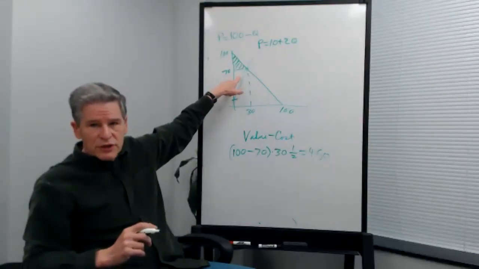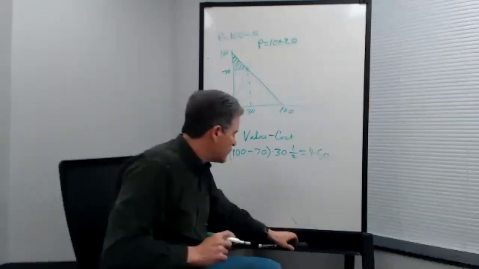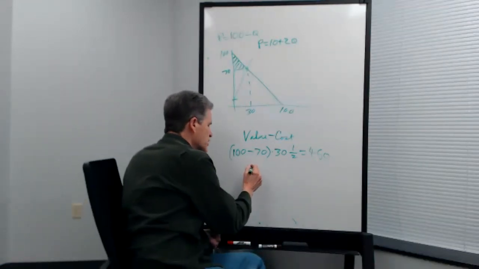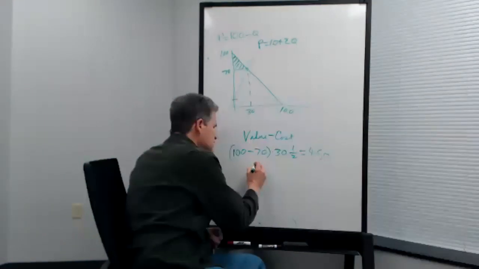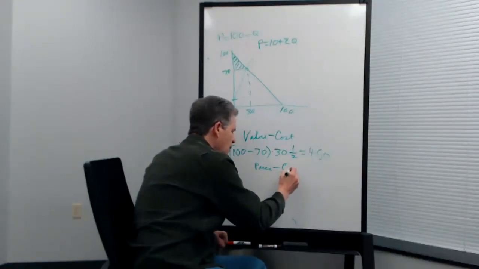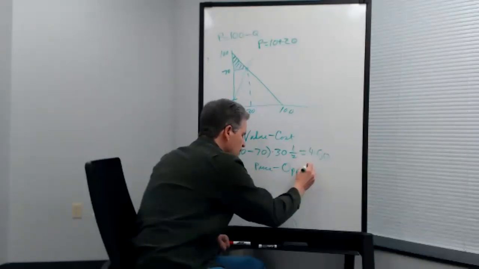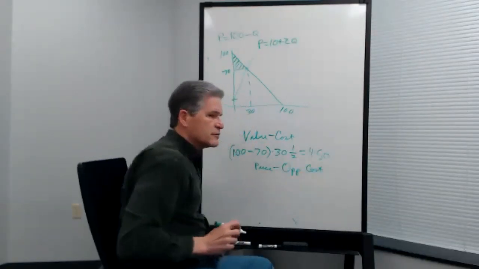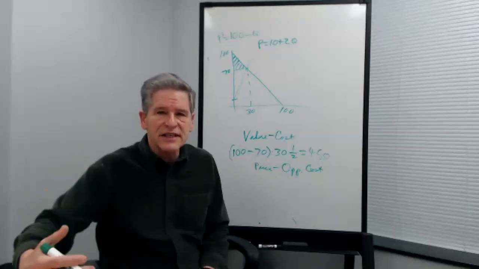Okay. Now, this one is the same principle, except rather than doing value minus cost for producer surplus, what I want to do is price minus opportunity cost. What the seller has to give up to get that item.